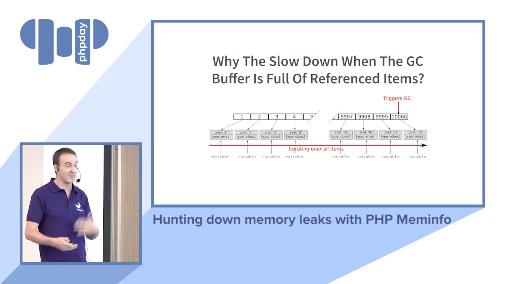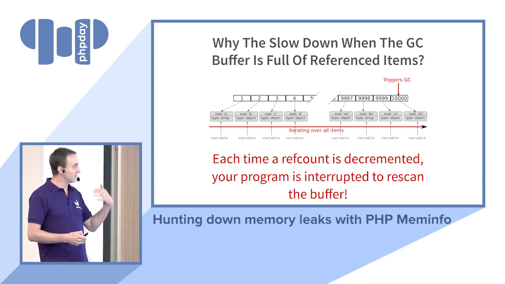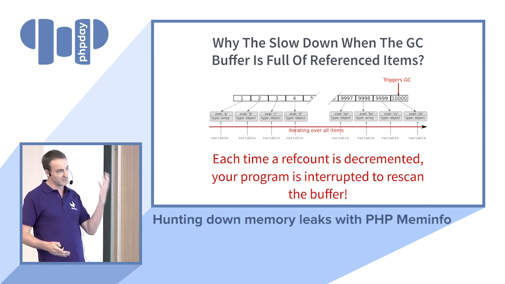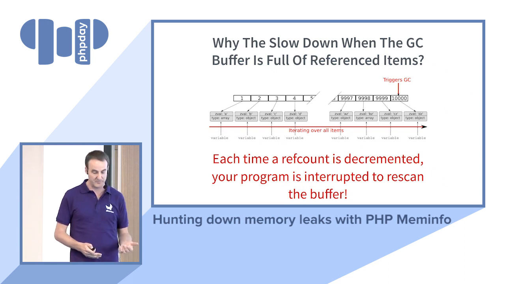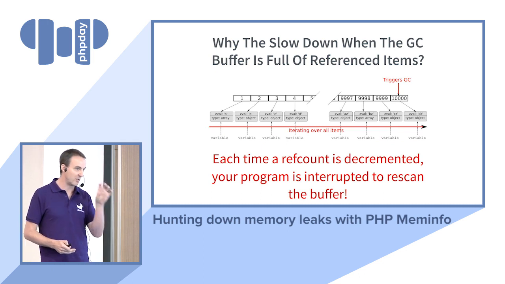Finding nothing, failing again, and the next time a ref count is decremented, doing the same again, trying to clean up data that will never be cleaned up. And this is quite interesting because in some situations, 80% of the execution time of your program is spent trying to clean up memory that cannot be cleaned up because of a memory leak.